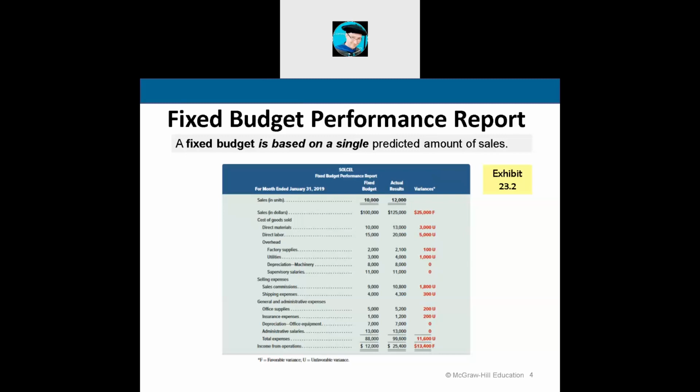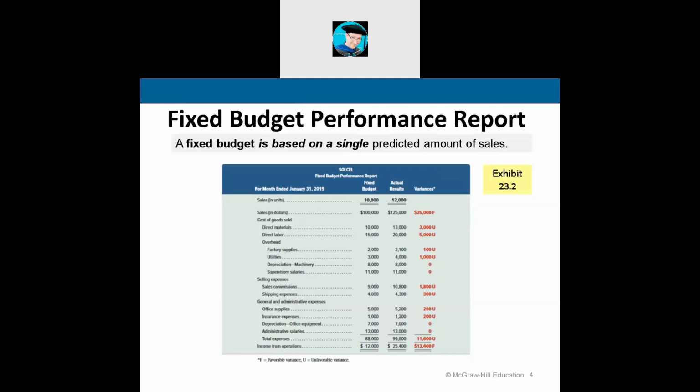So I need to calculate my variances for pretty much everything. Okay. Sales, cost of goods sold, direct materials, direct labor, factory overhead, selling and administrative expenses. I need to figure out the variances.